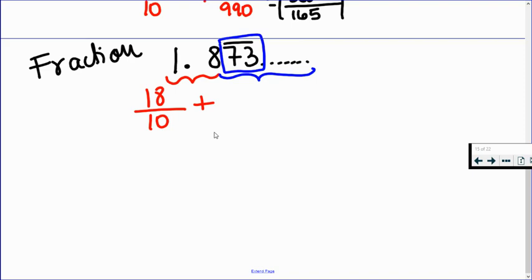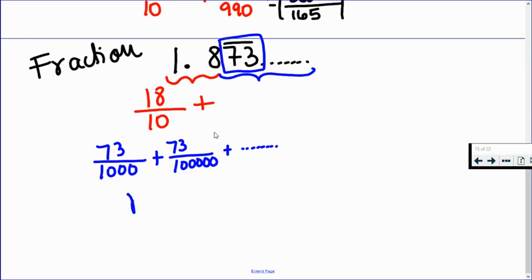So on the side, I'm going to say this item represents 73 over 1,000, the thousandth place, and then it keeps going forever. To find the R, we know that it's going to be 73 over 1,000, and because it's the same as the other problem, R is going to be 1 over 100.